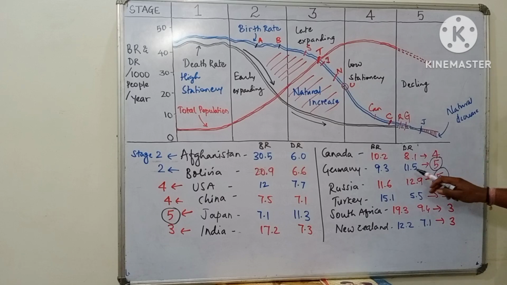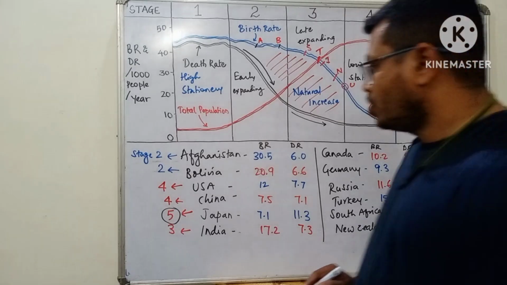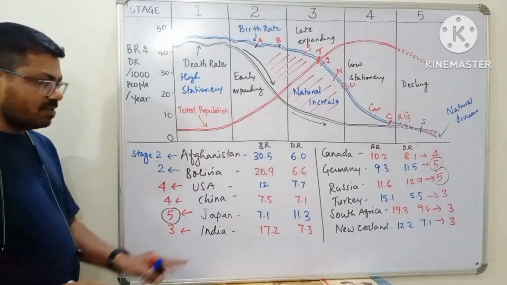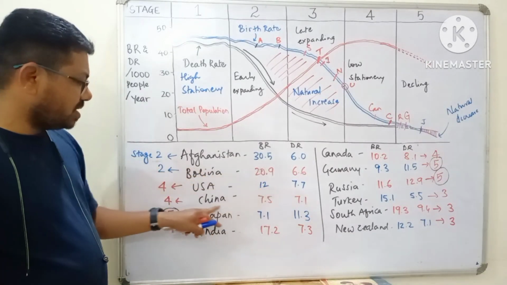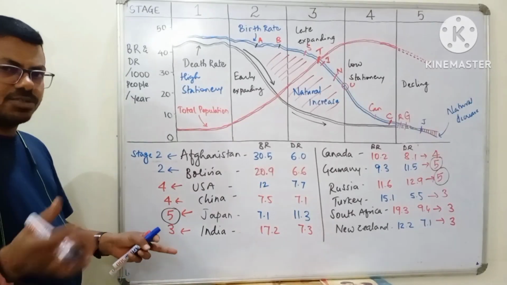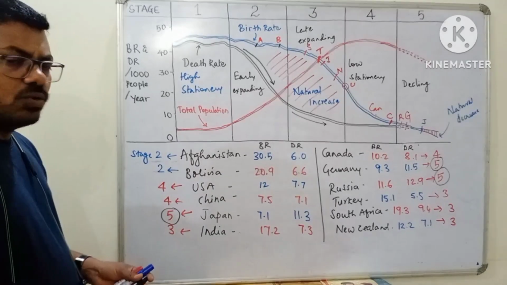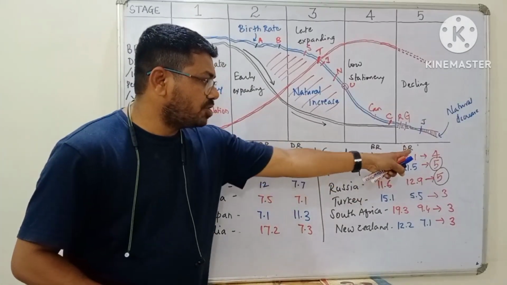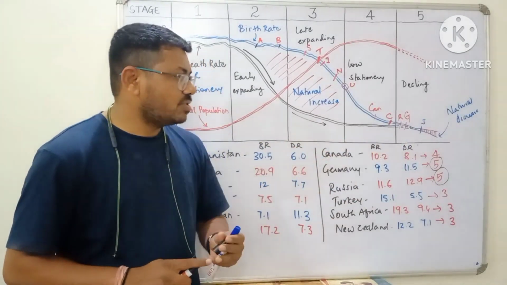So Germany, Russia and Japan are in stage 5, and of those in stage 4, USA is still safe because there is a gap of 12 and 7.7, but China is 7.5 and 7.1. So China needs to think, and that's why they have revised their one child policy. Canada also needs to think because it is also close, 10.2 to 8.1, and is also in stage 4.